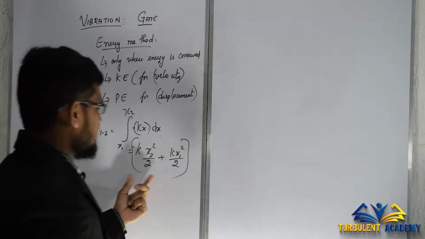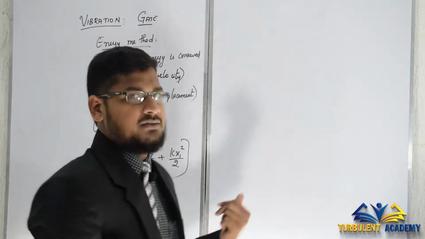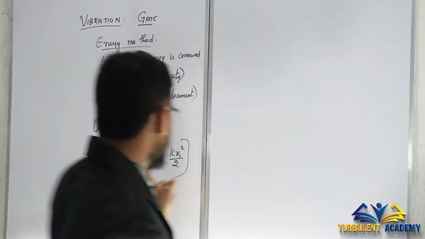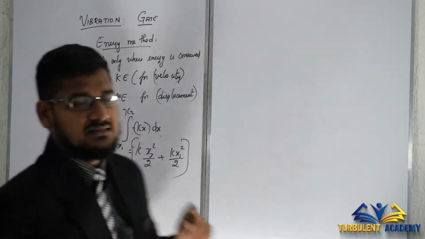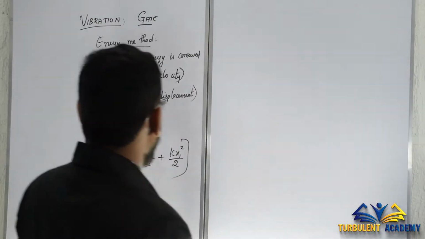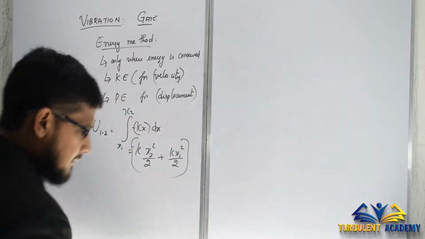So this is the thing. Since it depends upon 2 points, 1 and 2, the total energy of the system is dependent upon 2 points, so we can call this a point function. One important thing we have gone through, and next we'll directly go into the concept.